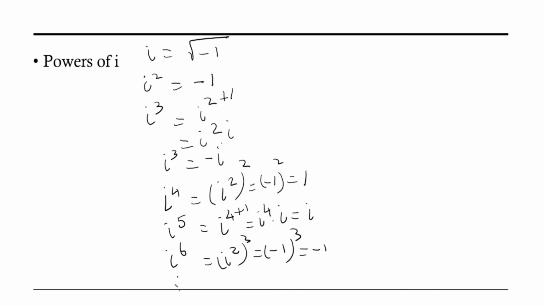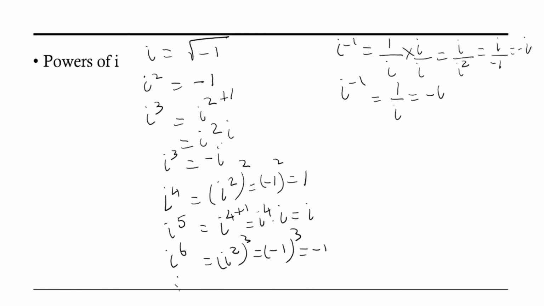Now coming to the negative powers of i. What is i raised to −1? i⁻¹ is 1 divided by i. As we already know, we need not have a complex number in the denominator, so I'm multiplying and dividing by i. So I get i divided by i². i² is −1, so i divided by −1 is −i. So i⁻¹ is equal to 1/i is equal to −i. Next we have i⁻².